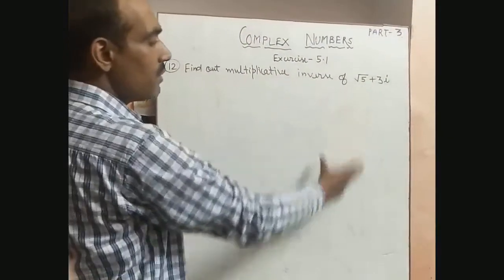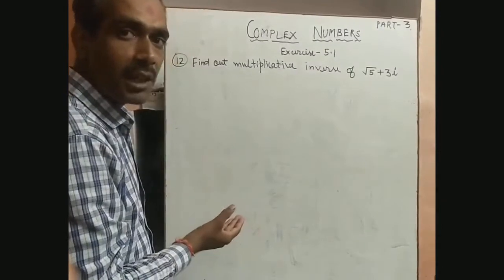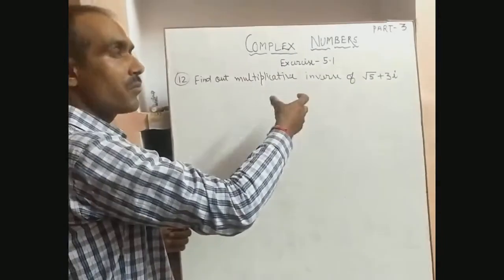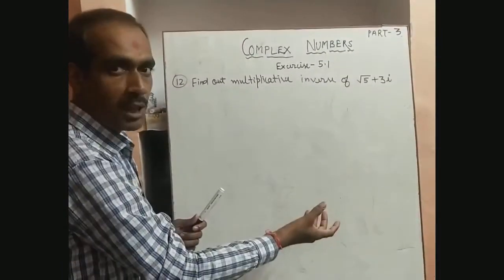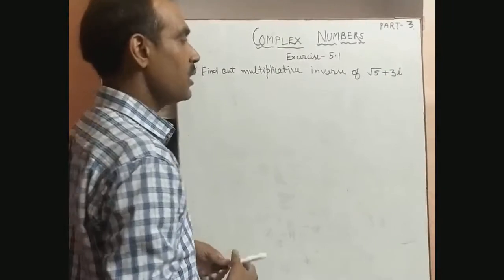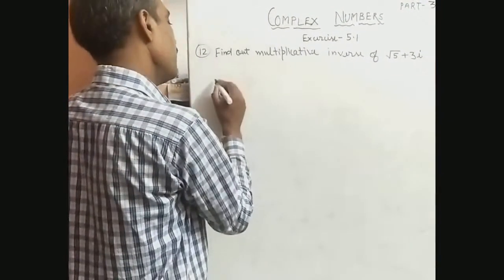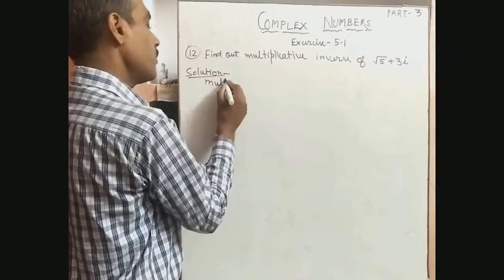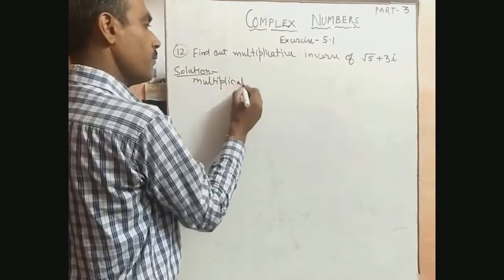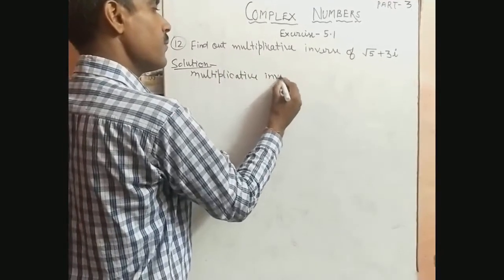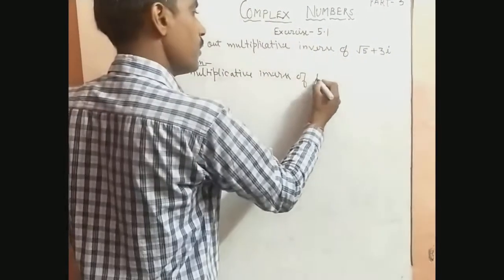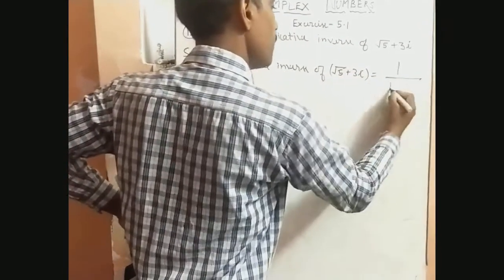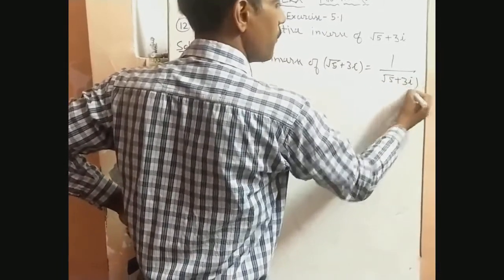Find out the multiplicative inverse of this. What is multiplicative inverse? In multiplicative inverse, we change numerator into denominator and denominator into numerator. So the multiplicative inverse of root 5 plus 3i is equal to 1 upon root 5 plus 3i.